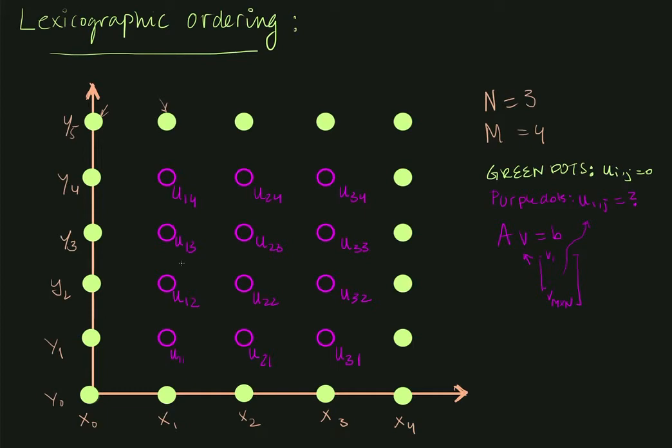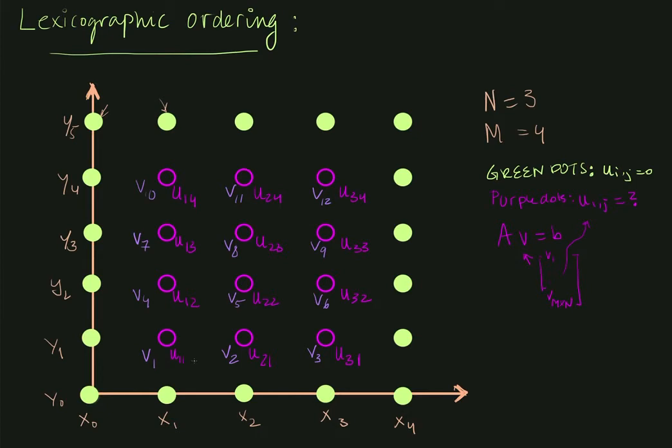It's just better if I write up which is which, and then you can see the pattern yourself. So we lay down the v's one row at a time. This is v1, v2, v3, v4, v5, v6, v7, v8, v9, v10, v11, v12. As you can see, there are 12 dots, so we end with v12.